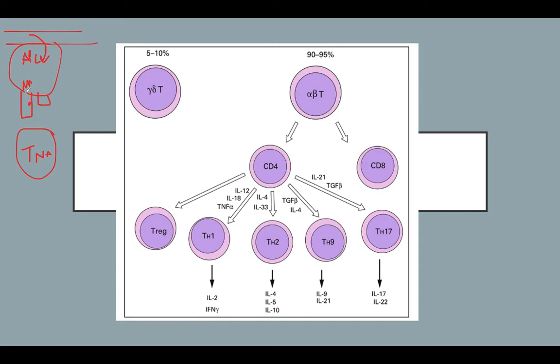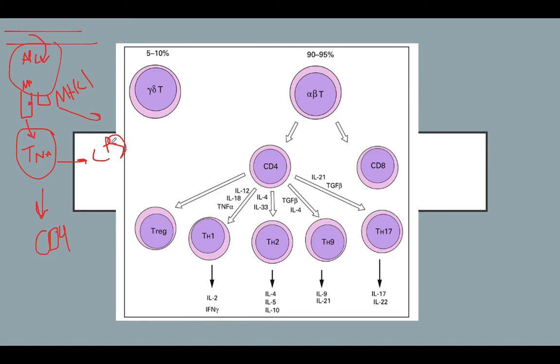If it presents the particle on MHC 2, it will come in contact with a naive T cell, which will become CD4. But if the antigen presenting cell presents it on MHC1, the naive T cell will become CD8.